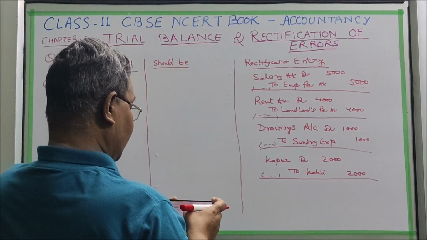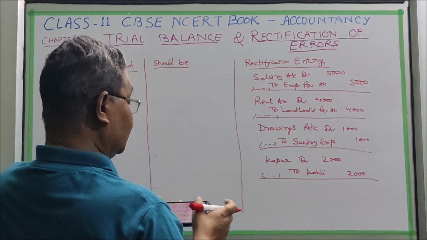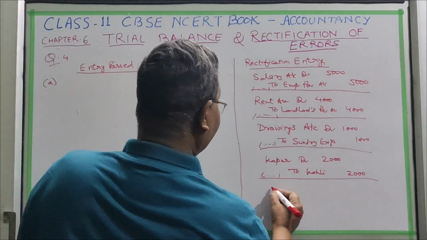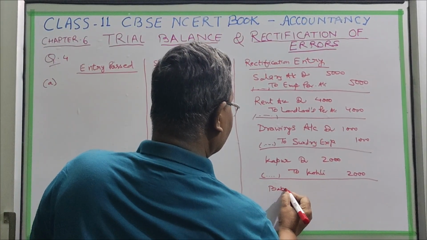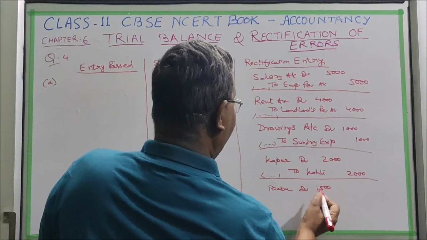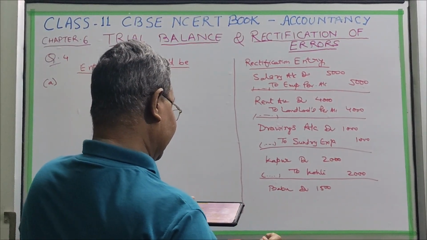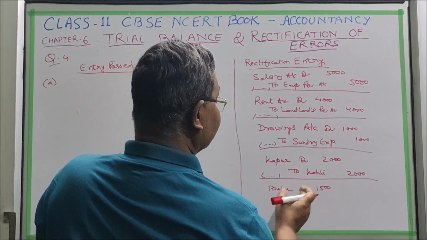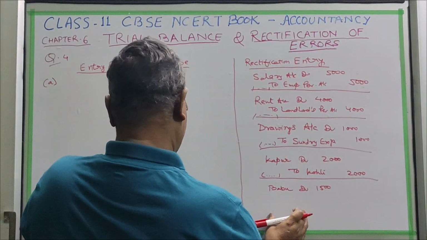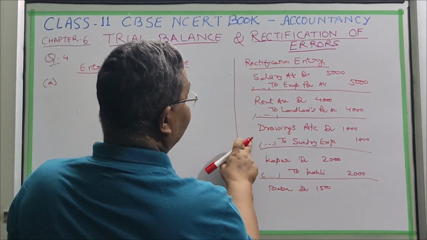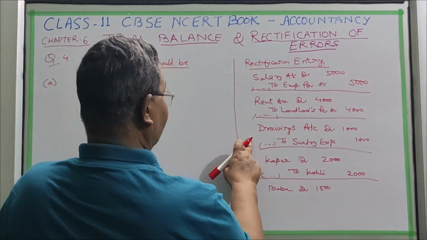Cash paid to Babu 1,500 was posted to Sabu's account. You have given to Babu, so Babu debit. Correct entry. And you have erroneously credited to Sabu. So these are all errors of commission. And these are errors of principle. Errors of principle means wrongly done as per accounting principle.